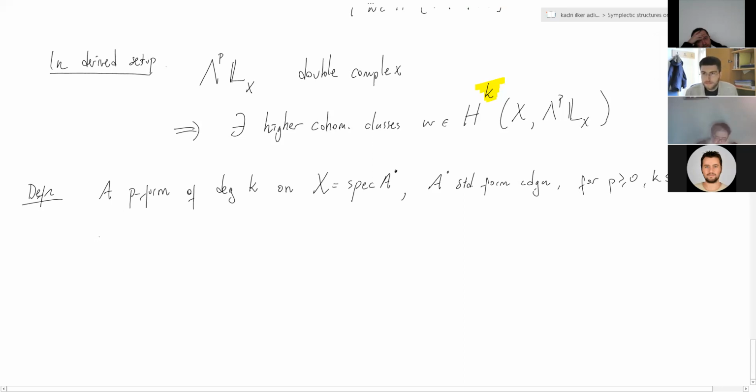It is just, let's say, omega 0 is in this element. Remember, degree k, weight p, with the following condition. It must be D-closed. D is the internal differential coming from A dot. Not de Rham, but the internal differential D. Okay, be careful.